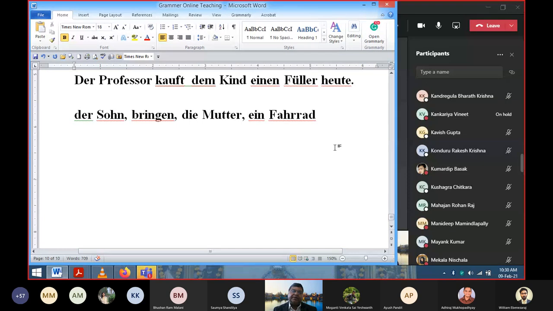I have given the meaning: der Sohn, son; bringen, to bring; die Mutter, the mother; and ein Fahrrad. Fahrrad is a neuter noun, because when I'm using ein, you might be confused whether it's masculine or neuter, because ein is common for both. So Fahrrad is neuter gender. Bicycle.